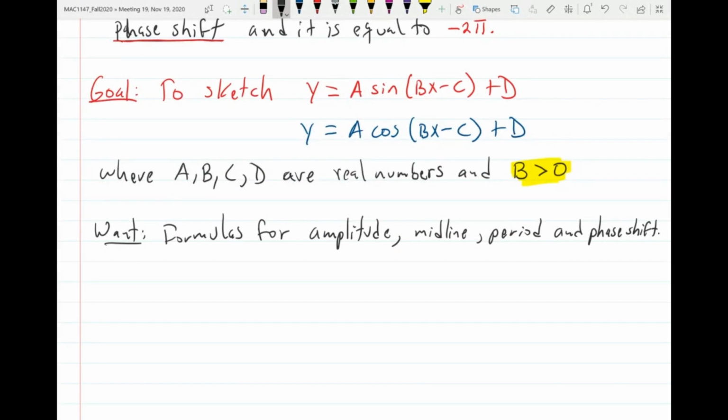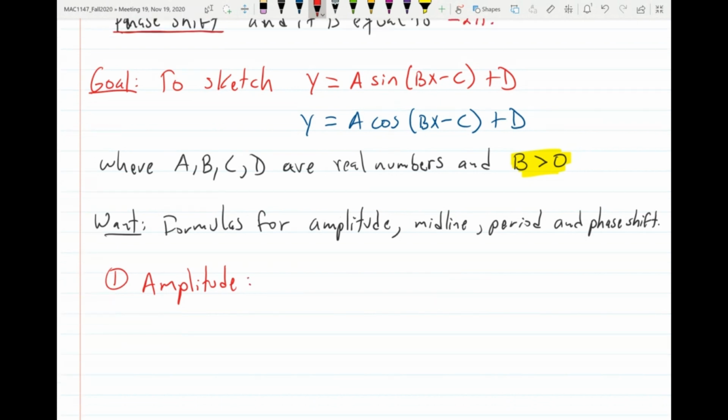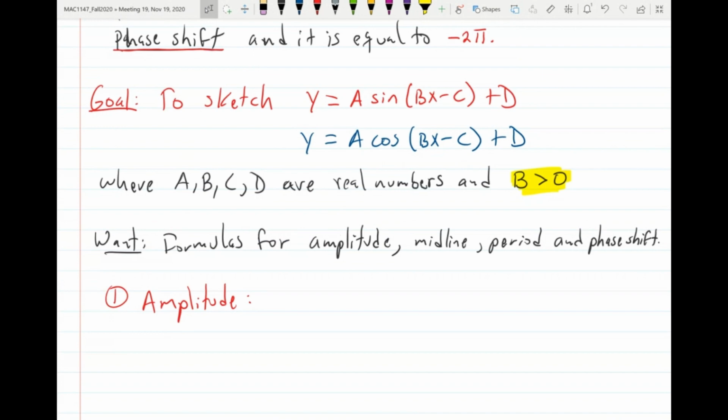Once we have all of this, then we are ready to sketch the function. So how do we find the amplitude? For this, you can either look at the sine function or the cosine function, it's going to be exactly the same. The number that has to do with the amplitude is whatever we're multiplying the sine or the cosine function by. In other words, A is responsible for the amplitude.